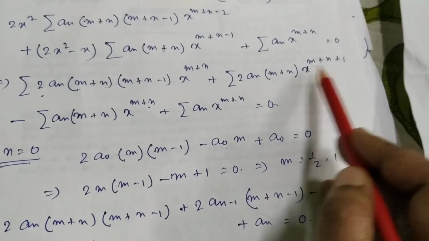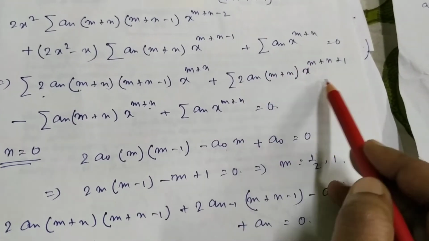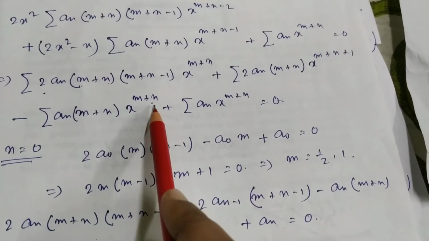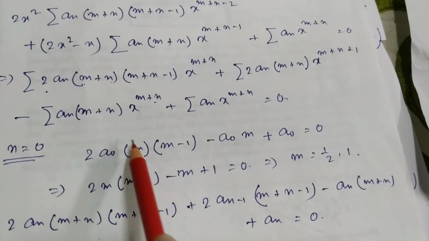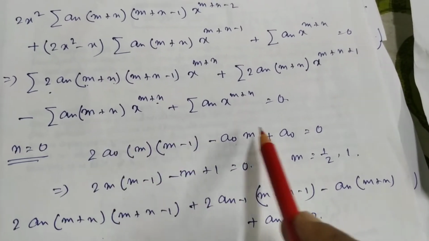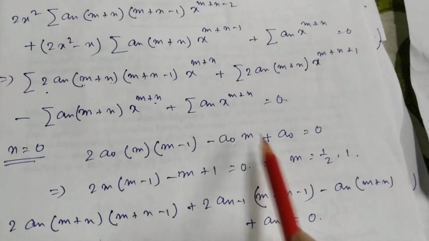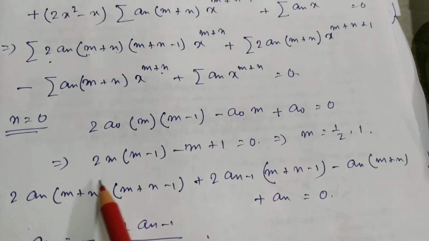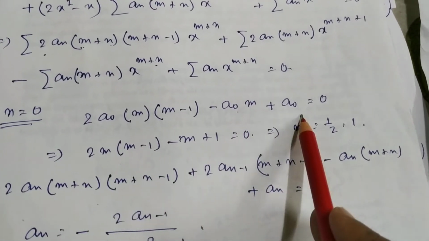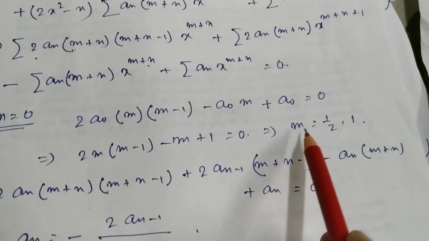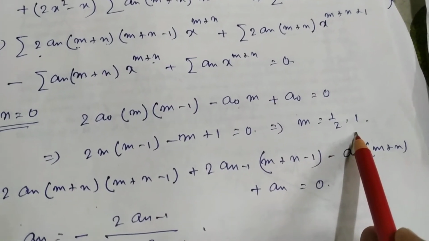This is not the lowest, so we will not take that coefficient. Here put n equal to 0, minus a naught m plus a naught x squared. Now a naught is not equal to 0, so the equation is this. Solving this equation, we will get the solution of m is this.